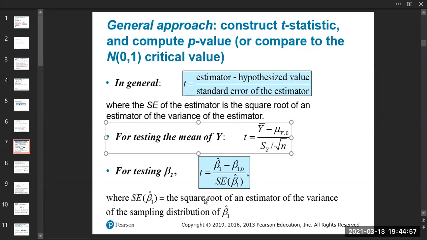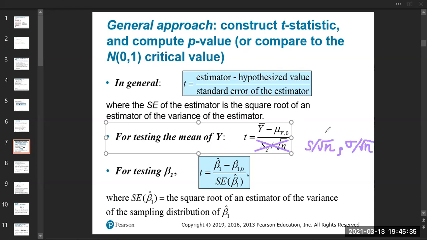I think there should be a typo here. It should be lowercase s. You can have lowercase s divided by the square root of n, or in some cases, if you know the population sigma, then it would be sigma divided by the square root of n.